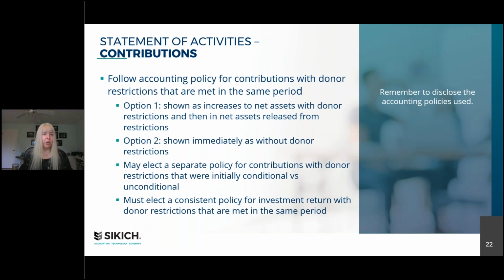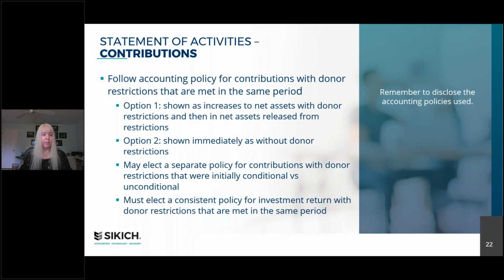Option 1 is to show those contributions as increases to net assets with donor restrictions, and then show them being released in the net assets released from donor restrictions. Option 2 is, if the donor restrictions are met in the same period that they are received, they are shown immediately as an increase to without donor restrictions.